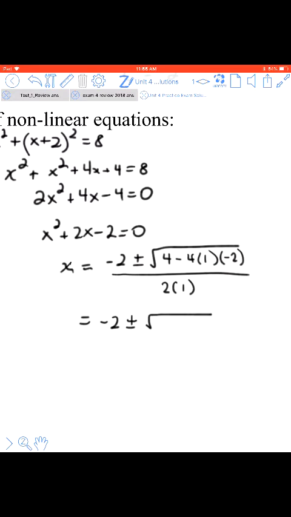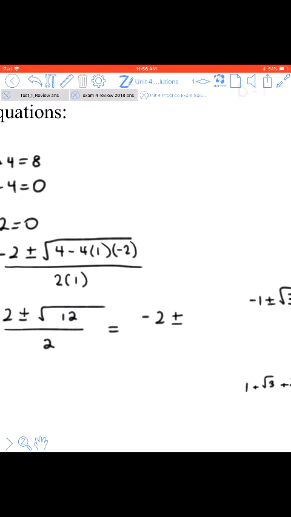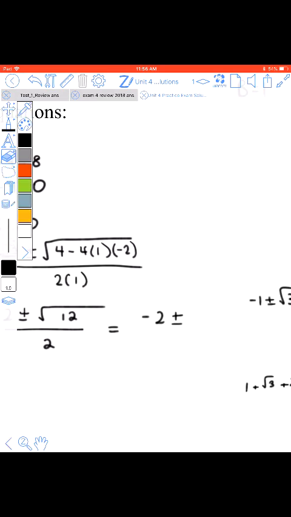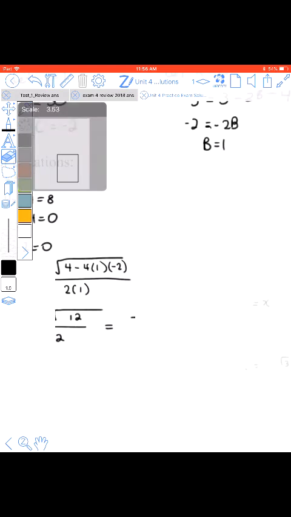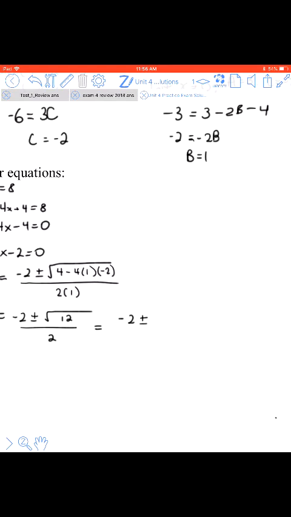So inside the square root, we're going to get 4 plus 8, which is 12. And the square root of 12, let me erase that over here. The square root of 12 is 2 times the square root of 3.